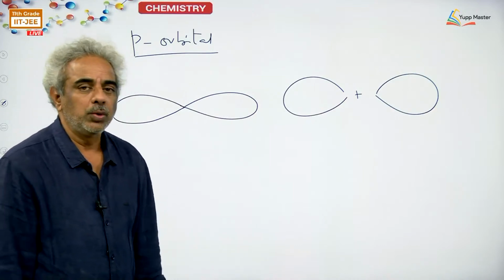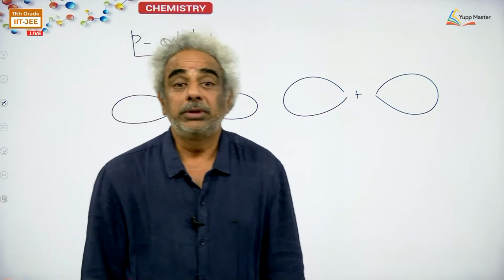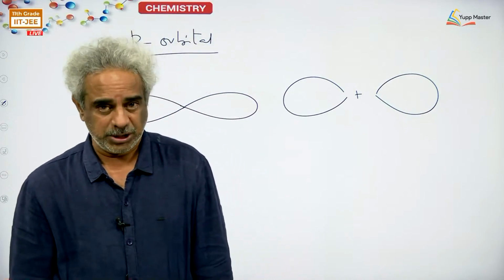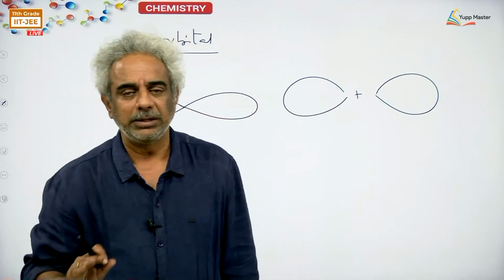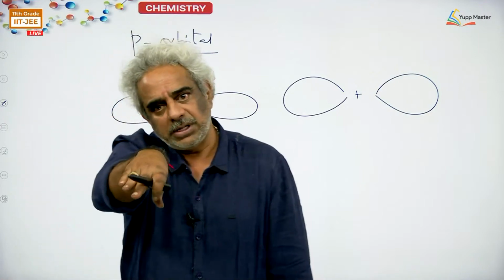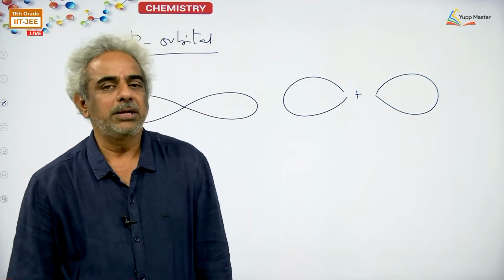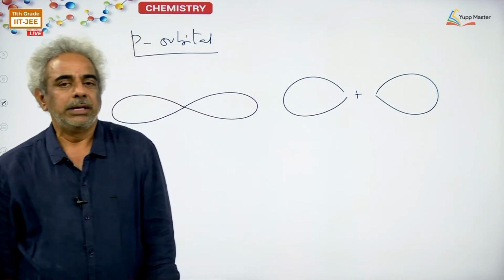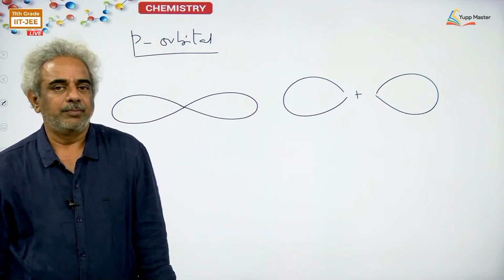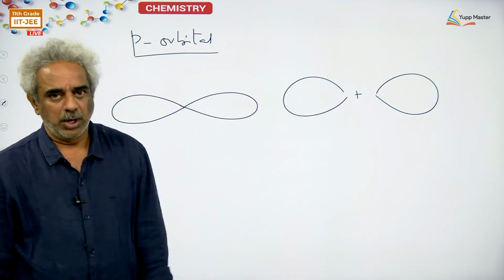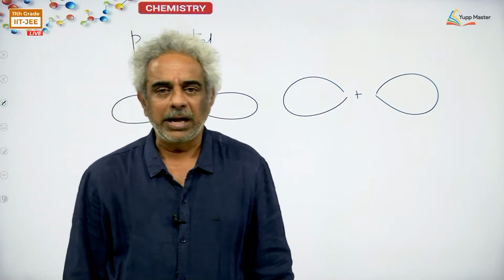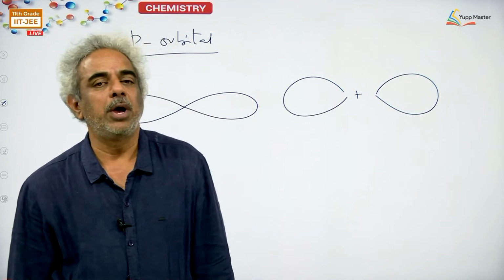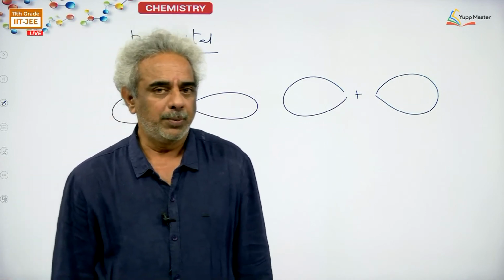And as I told you, there will be three possible orientations of a p orbital. Don't think one p orbital will be rotating like this, nothing like that. This is defined, this is defined, this is defined. All the three states can exist in the atom, hydrogen atom. So this is one p orbital. Now we will have to provide some references like x, y, z, because these three p orbitals are mutually perpendicular.